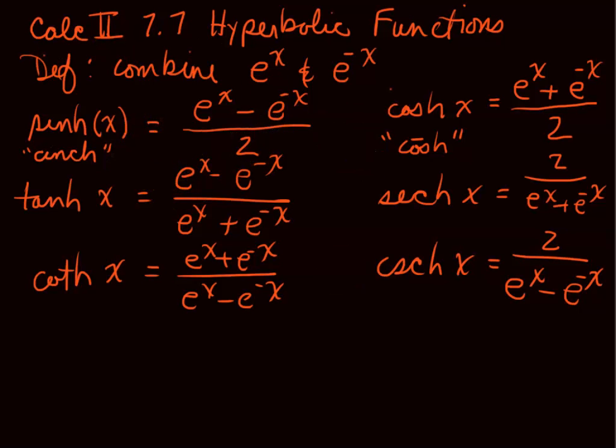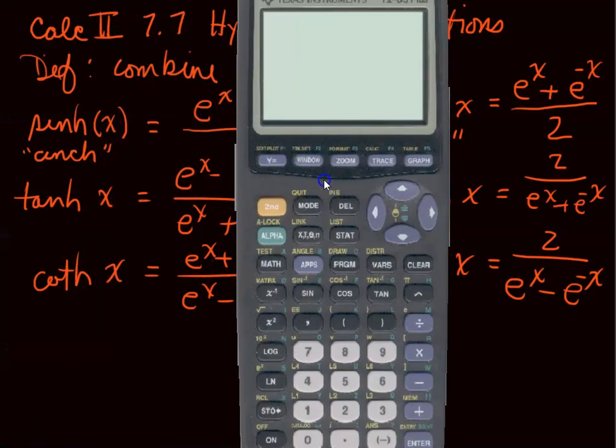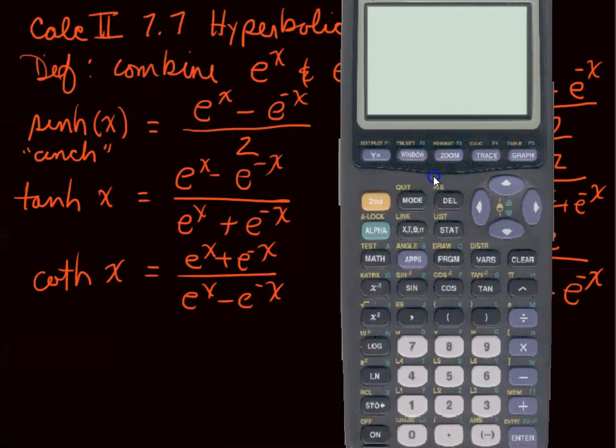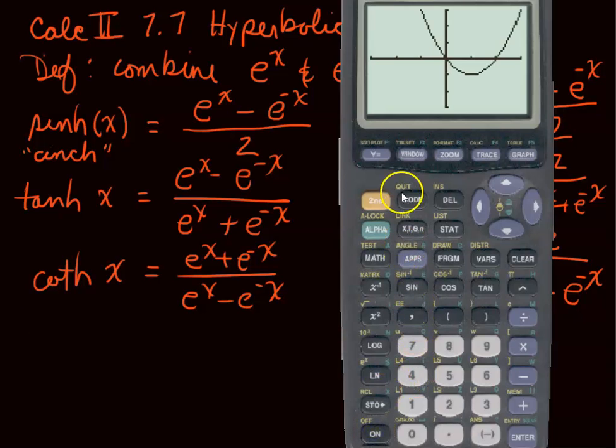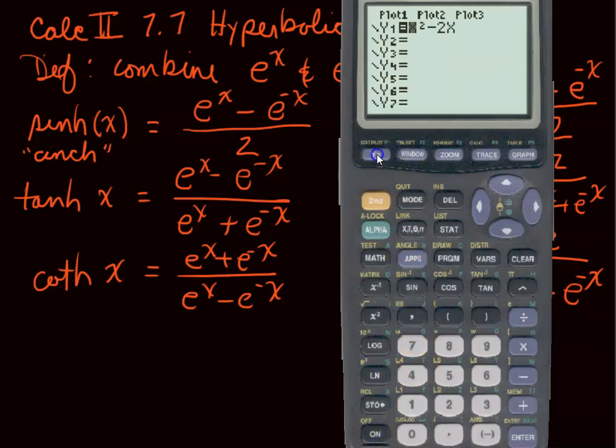So now, what about the graphs of these things? Well, on the TI calculator, you might have them available in the newer operating systems that are easier to get than these, but let me clear this out. They are at least in the catalog. If you want to graph the sinh, second 0 gets you to the catalog.